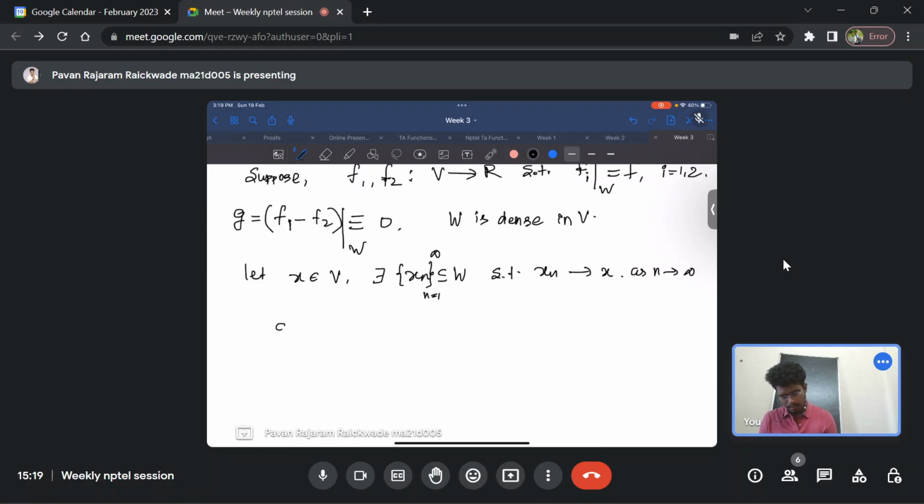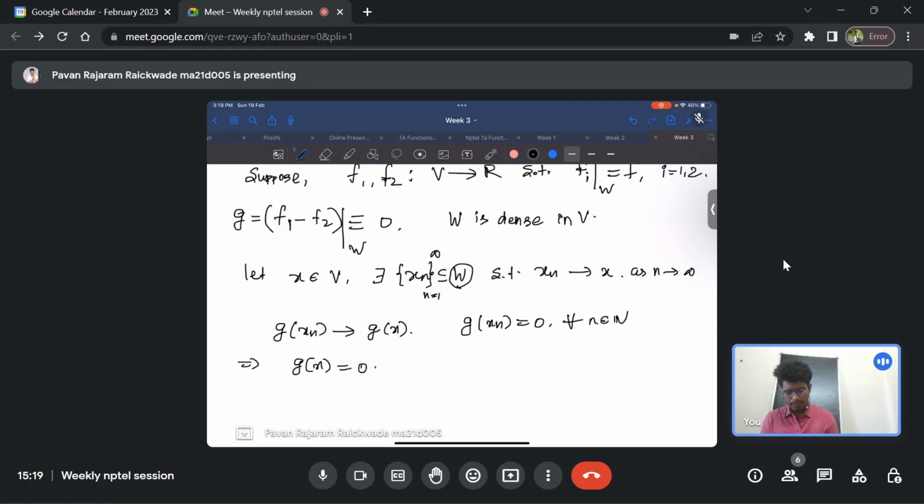So G of xn will go to G of x, correct? But what is G of xn? Because G is identically 0 on W, and xn is in W, G of xn is 0. A zero sequence converges to 0, hence G of x should also be 0.